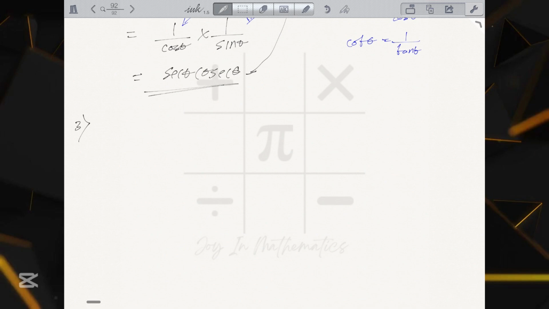In question number 3, we are asked to prove that 1 plus cos theta divided by 1 minus cos theta, plus 1 minus cos theta divided by 1 plus cos theta, is equivalent to 4 cot squared theta plus 2.